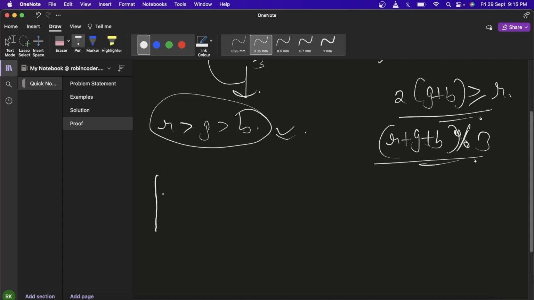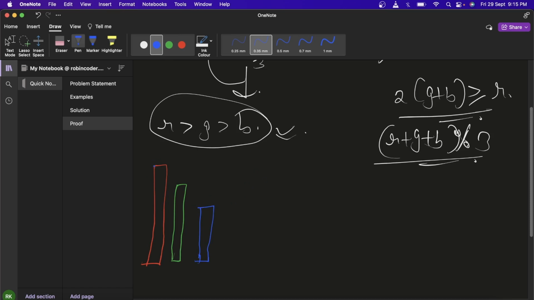So we have 3 buildings. I will draw with red. So these are the red balloons, and these are the green balloons, and these are the blue balloons.